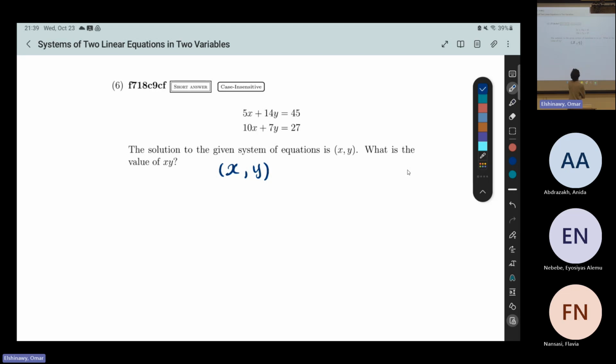So maybe with a stroke of luck, we would be able to eliminate one of the two variables, and then it would be very nice for us.